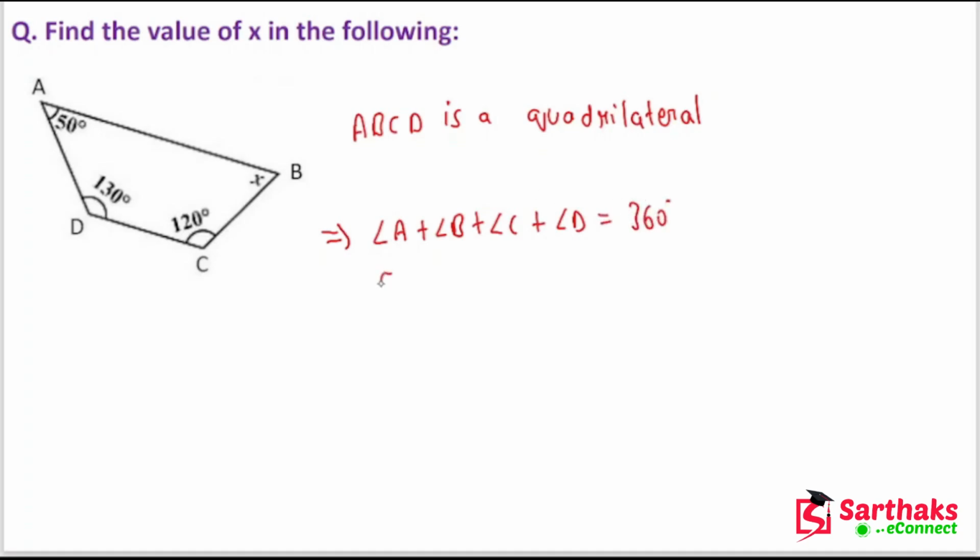So angle A is 50 degrees, angle B is x, angle C is 120 degrees, angle D is again 130 degrees, equal to 360 degrees.